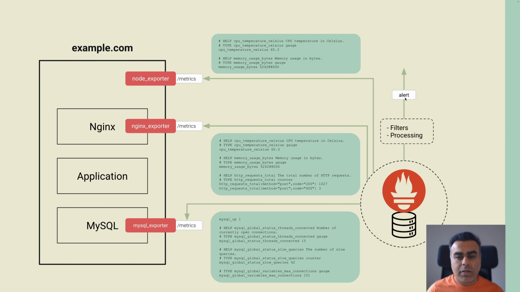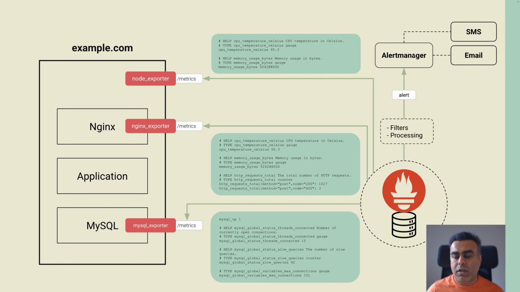And this alert is not a message. Prometheus cannot send messages to us. It's just an event that Prometheus will create. But there is another module in Prometheus, and the name is Alert Manager. The alerts will be sent to Alert Manager, and in Alert Manager, we can define where this alert should be sent. For instance, we can configure it to send the alert as an SMS, as an email, or as a Discord message, a Slack message, or whatever.